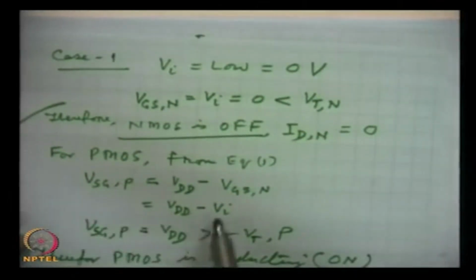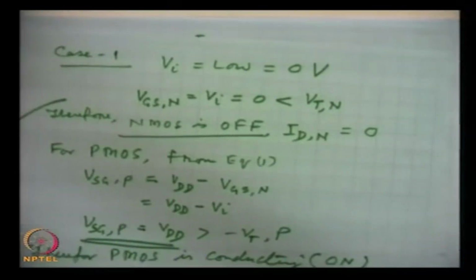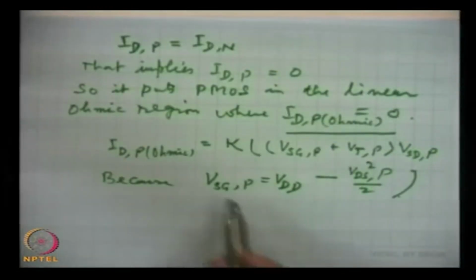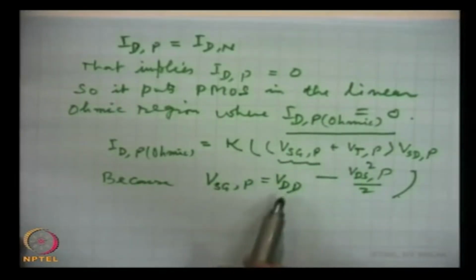Here this was 0, so this one, VSGP is equal to VDD. This is what we have written. So, here we can replace this by VDD.